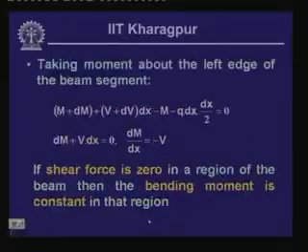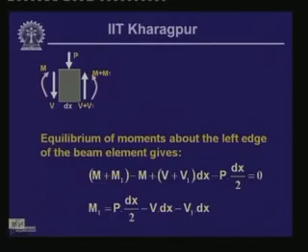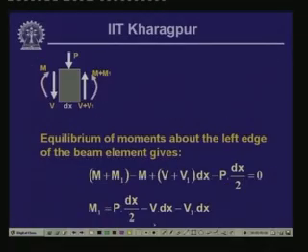As you have noticed, with this concentrated load, on the left side of the load we have shear force V and moment M. On the right-hand side, the moment is M plus M1, where M1 is given by this particular expression.